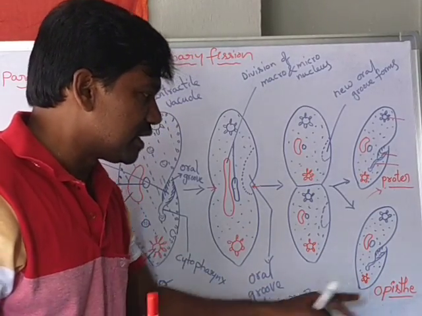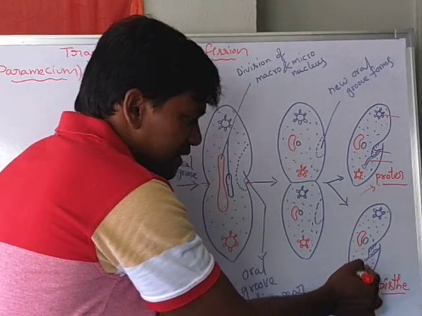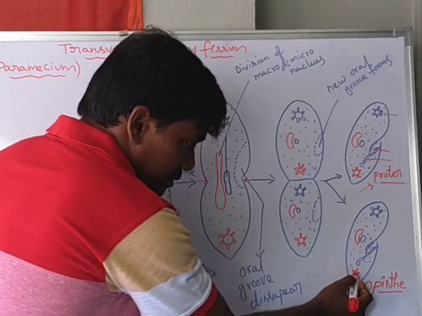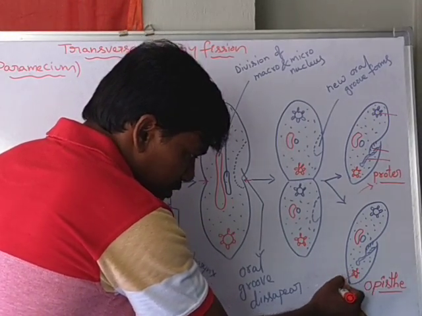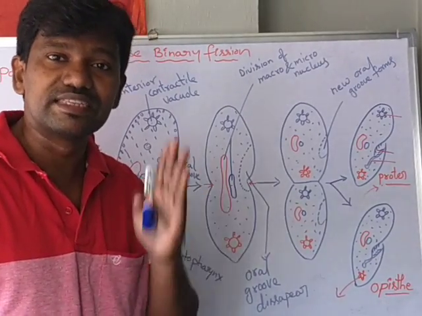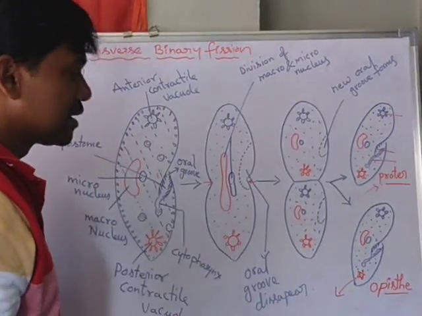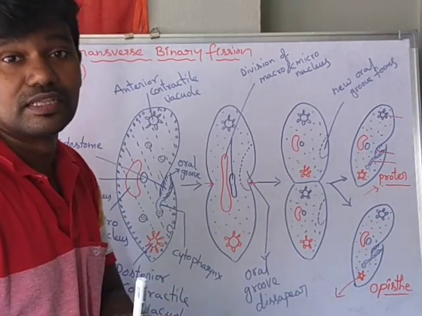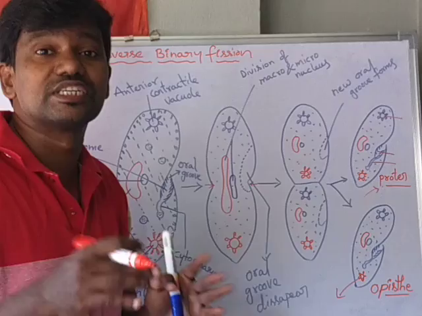Now the opisthe. The opisthe generally receives from the parent only the posterior contractile vacuole, because the opisthe is the posterior part of the individual, so it is only possible to receive the posterior contractile vacuole.